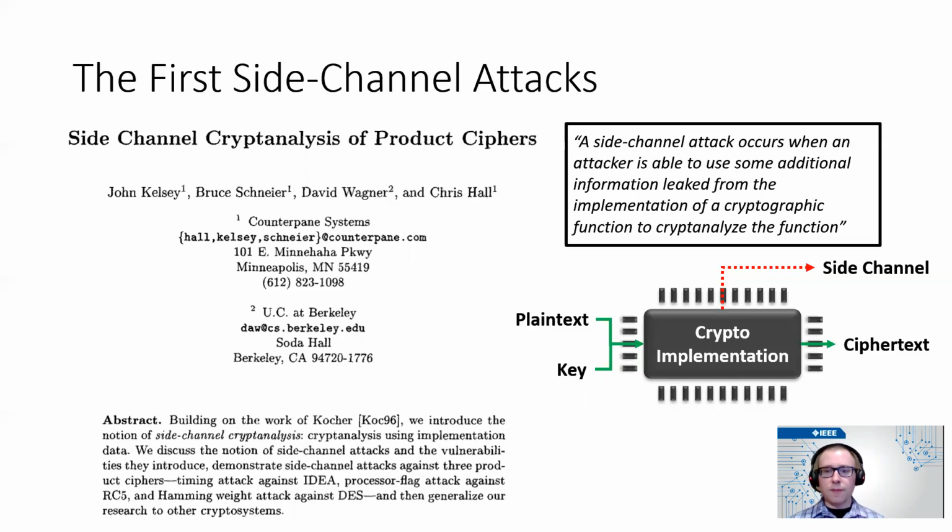So Kelsey defines a side channel attack as an attack that, quote, occurs when an attacker is able to use some additional information leaked from the implementation of a cryptographic function to cryptanalyze the function. Since the publication of this paper, the term side channel attack has, of course, been broadened to cover more than just cryptographic algorithms, but otherwise the definition hasn't changed a whole lot. The key aspect is that side channels arise from the algorithm's implementation.